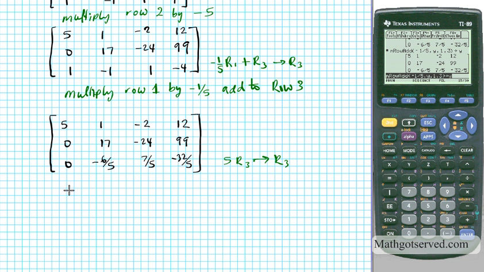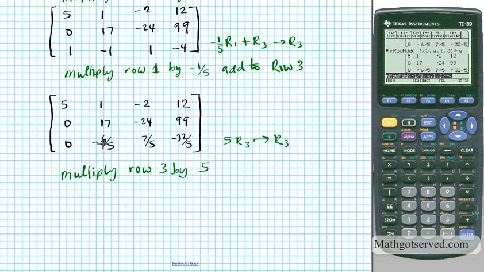Basically what I'm doing here is I'm going to multiply row 3 by 5. The sign doesn't matter here. You know why? Because I'm going to try to make it 0 anyway, so let's just make it an integer and then kill it off. Alright, so to do that, multiply by 5, row 3.